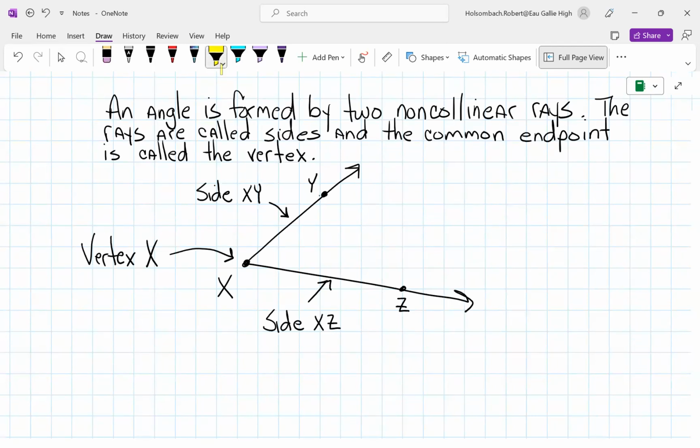Then we've got this portion of the angle. Everything in here in an angle is referred to as the interior. Anything in that yellow region is the interior of the angle.